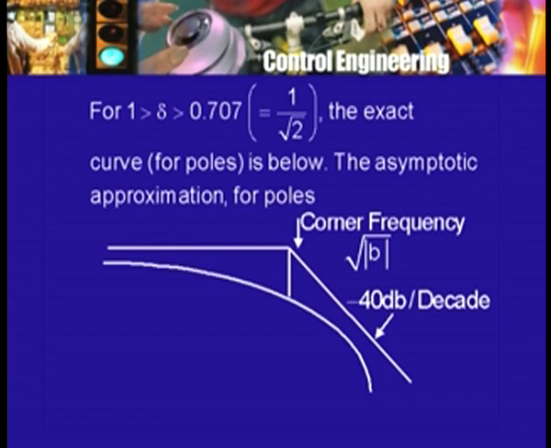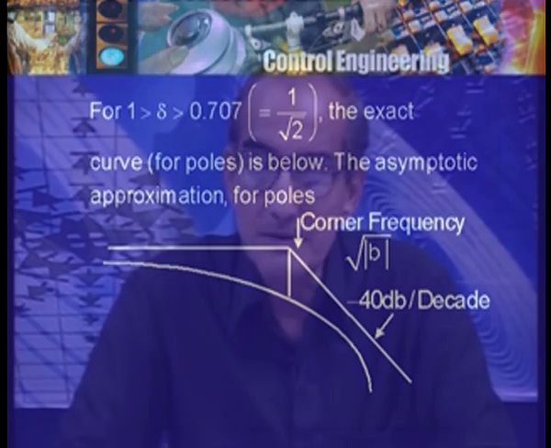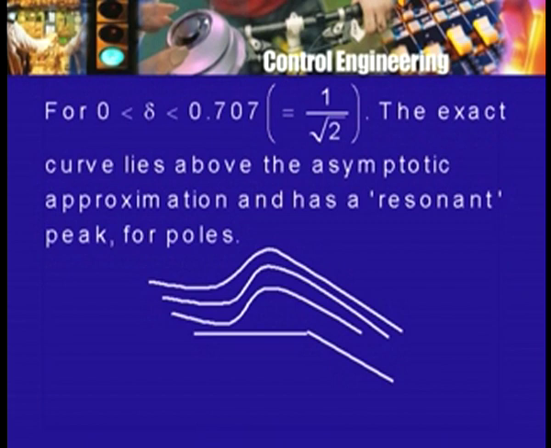For delta less than 0.707, it is a strange behavior, but that is something which does hold for delta less than 0.707 and of course greater than 0, because there is some damping, the system is underdamped and the damping is less than 0.707.